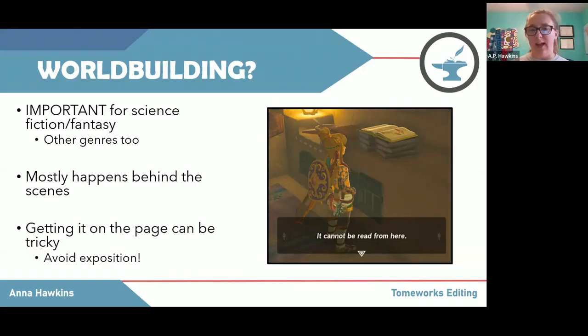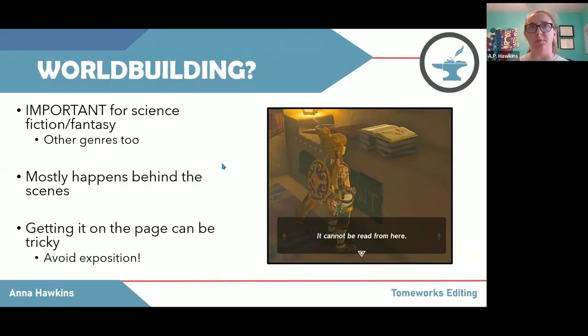Your world building has to be accurate. If you're writing a story that takes place in, say, Portland, Oregon, you have to do research and know about Portland, so you can at least to some extent accurately portray this city on the page. So world building is important no matter what you're writing, but most of it happens behind the scenes.